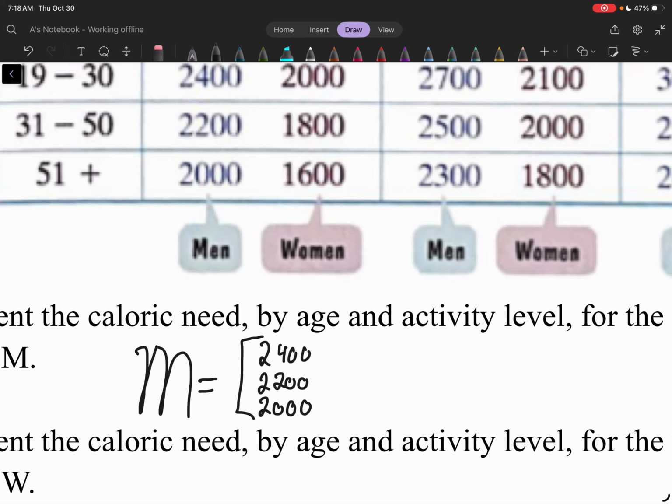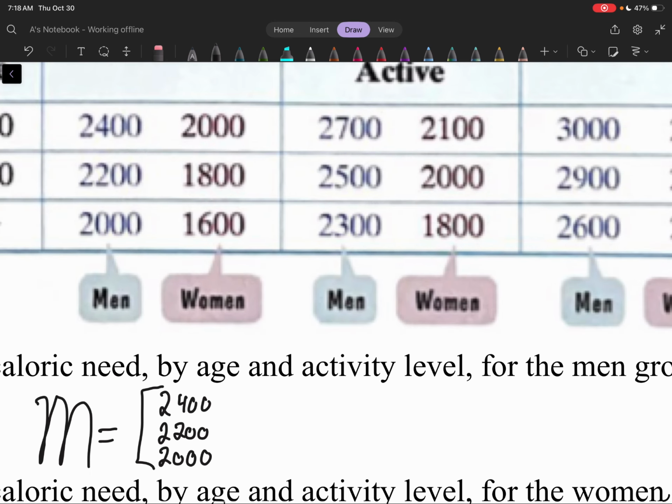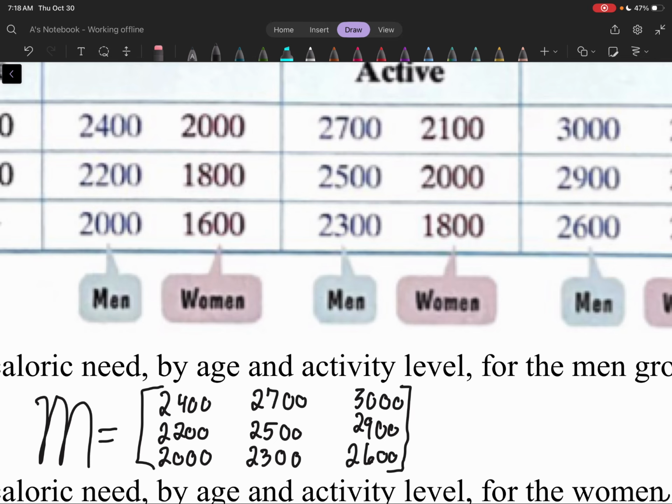So I'm pulling out the blue values per column. $27, $25, and $23. And $30, $29, $26. There's matrix M.